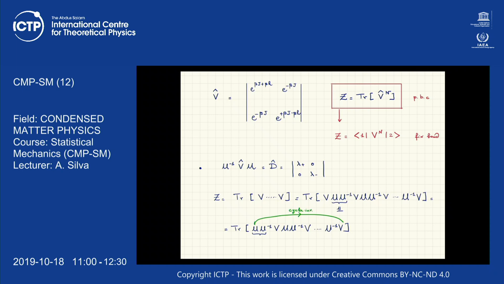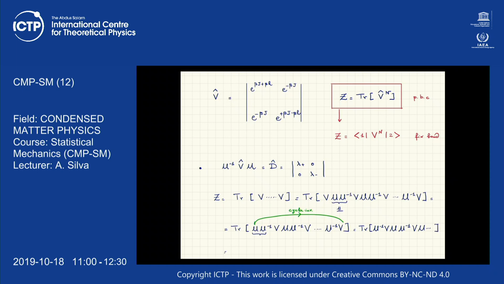So if I do this, I get that this is equal to the trace of U to the minus 1, V, U, to the minus 1, V, U, and so on, n times.